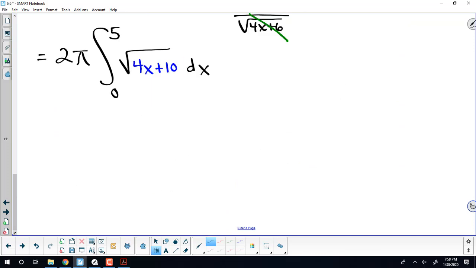Okay, so how do we evaluate this? Use substitution, right? You're going to let u equal 4x plus 10. du is 4 dx, or 1/4 du is dx.